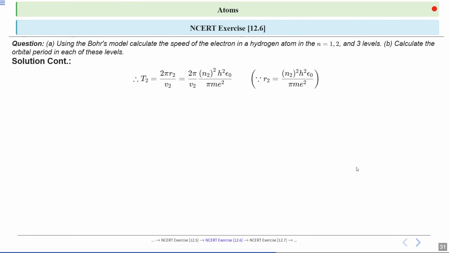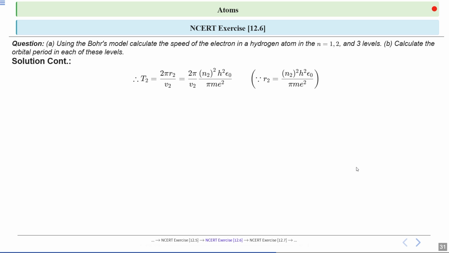Here we see the formula for the orbital time period T2 of the electron in the second energy level. The period T2 is the time it takes for the electron to complete one full orbit, and it's given by T2 equal to 2 pi R2 upon V2, where R2 is the radius of the orbit and V2 is the speed of the electron at n equal to 2.